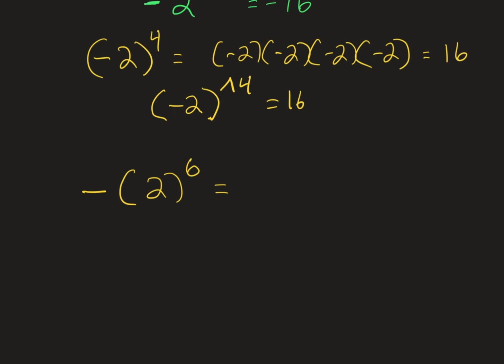What's my base? Just the 2 is the base. And again, you don't need to do this part, but this would be the negative of 2 times 2 times 2 times 2 times 2 times 2. So our answer is going to be negative 64.